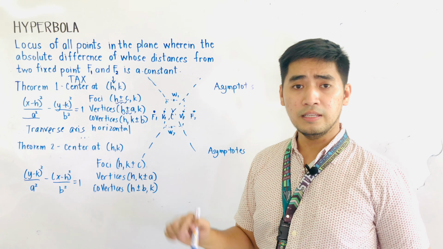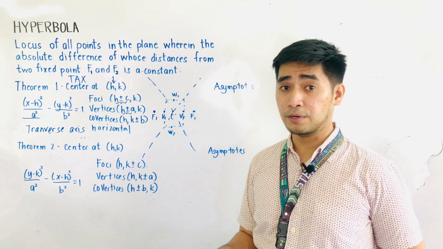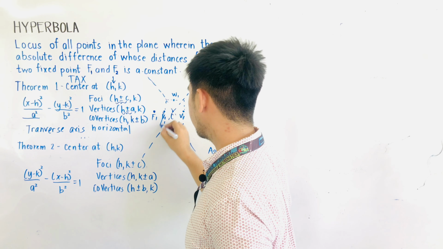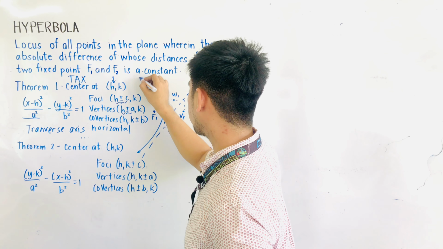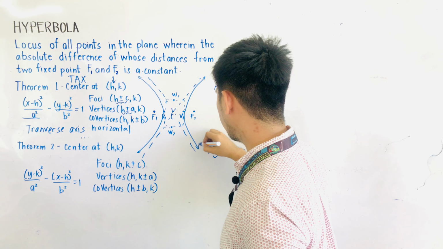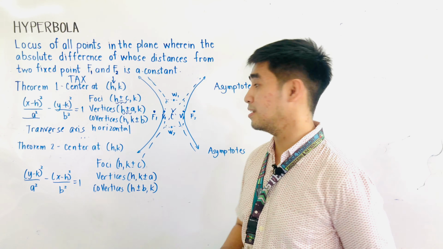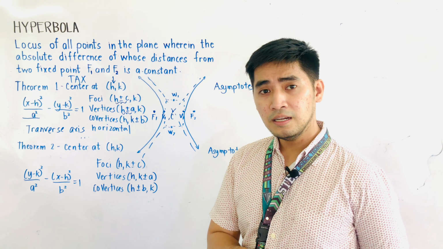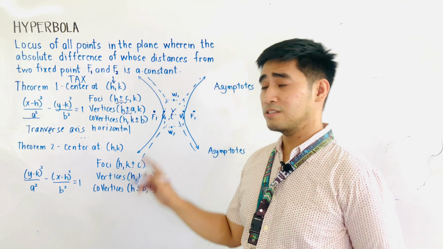And the intersection of the asymptotes of the hyperbola would be the center. So, this will be the graph of the hyperbola with center located at (h, k) and the transverse axis is horizontal. Sir, what will now be the equation of the asymptotes if this would be given?